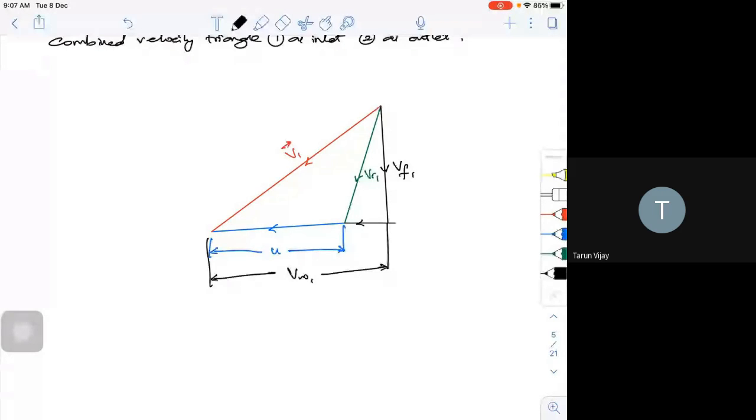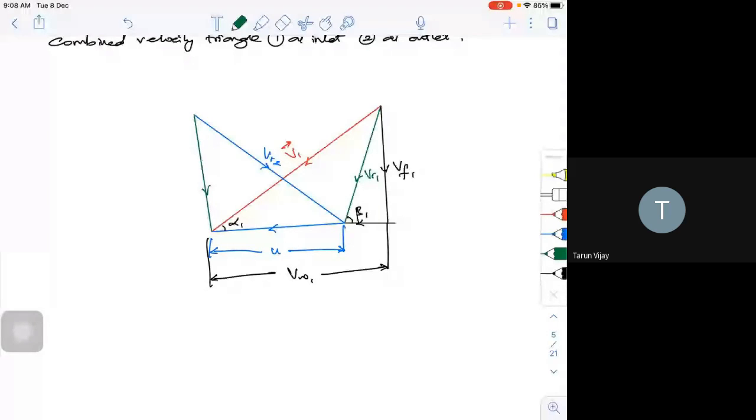Then if I try to put the angles, this will be my alpha, that is the flow angle, and this will be my blade angle beta 1. As I told, your beta 1 and beta 2 are equal, so I can draw a line with beta 1 equal to beta 2 like this. So this is my VR2, where VR1 is equal to VR2 here.